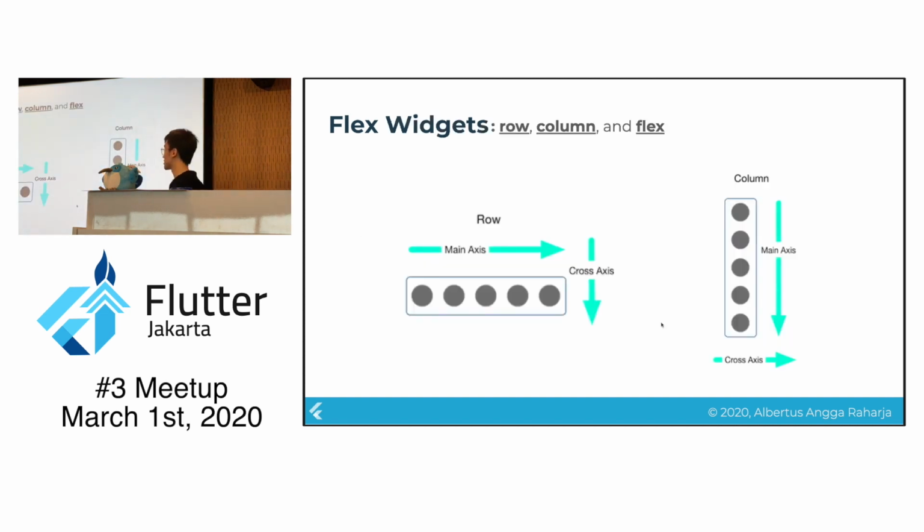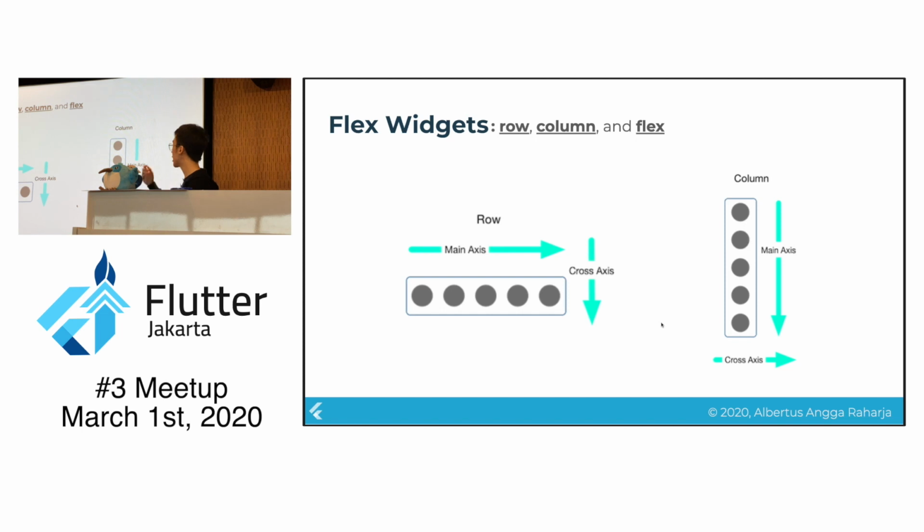So that's all about Flex widgets. How to use Flex layout in Flutter? To use Flex widgets, there are three widgets. The first one is Row, the second one is Column, and the third one is Flex. I will explain the difference between them. If you want to lay out children horizontally, you will have to use Row.